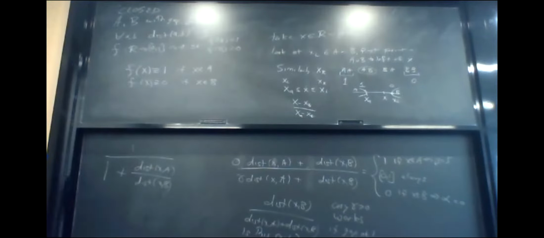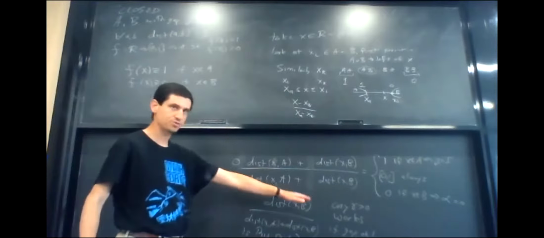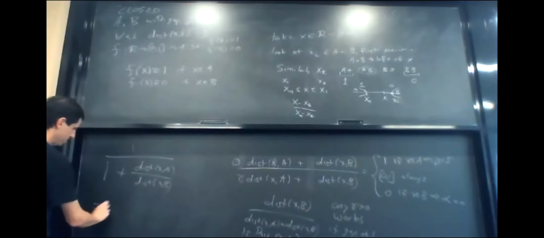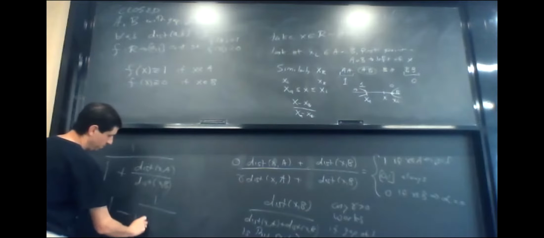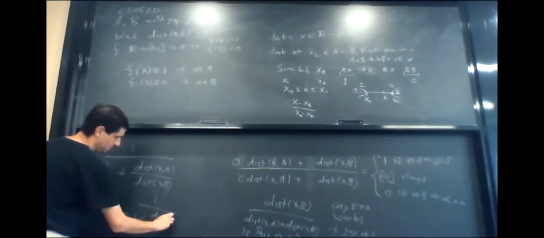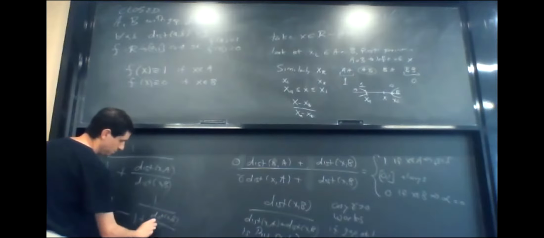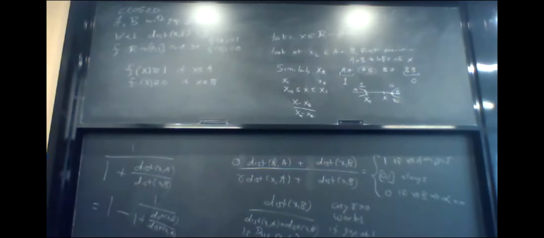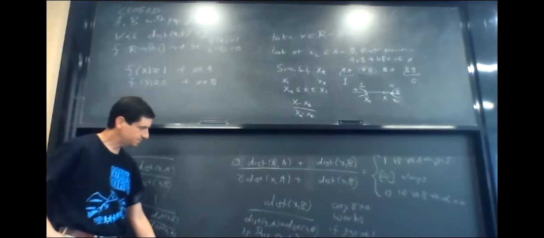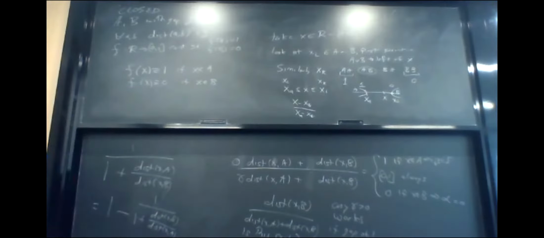And I could also say this is the same as 1 minus 1 over 1 plus distance XB over distance XA, by adding and subtracting distance XA. So here are two equivalent formulations of the problem we have. I think I like the first formulation because actually the denominator is constant.